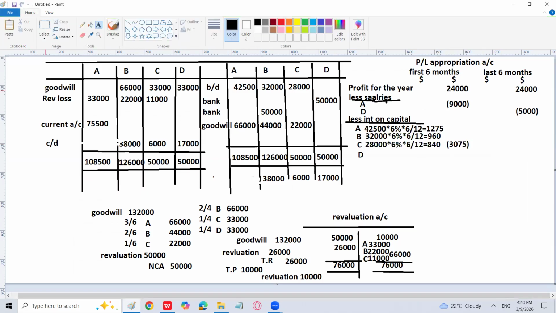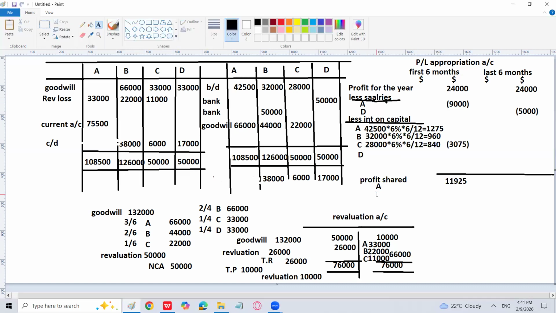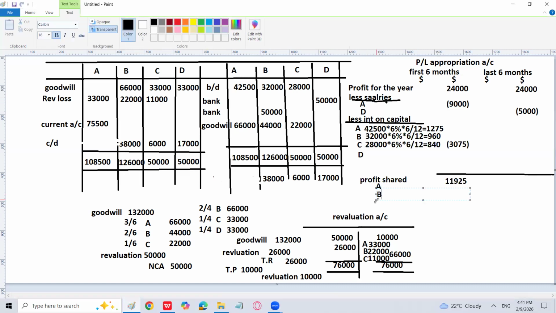Now you can subtract 24,000 minus 9,000 minus 3075. 11,925. And this is the profit shared, and it is supposed to be distributed to the three partners in their profit and loss sharing ratio, which is 3:2:1 for the first half. That is going to be 3/6, 2/6, and 1/6.